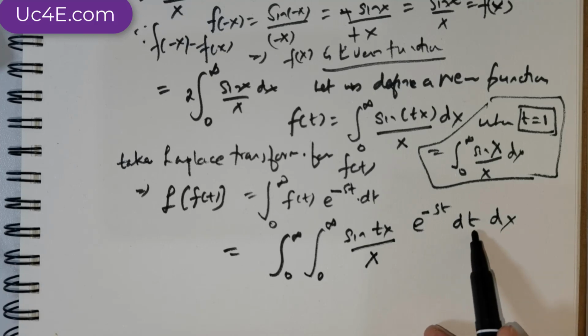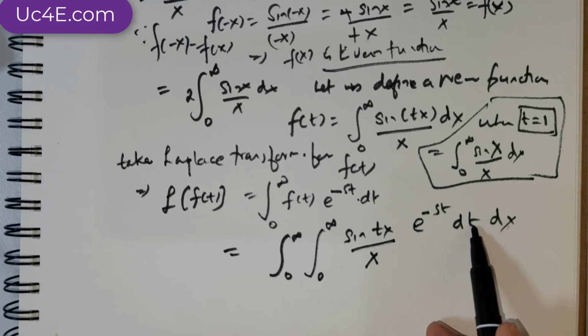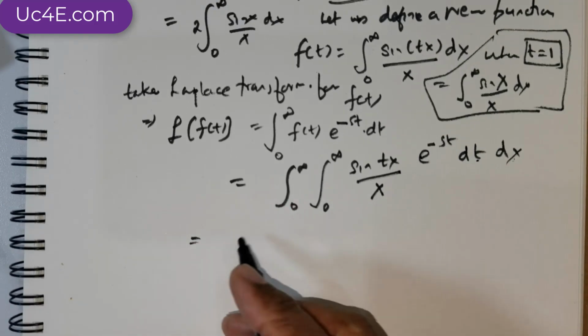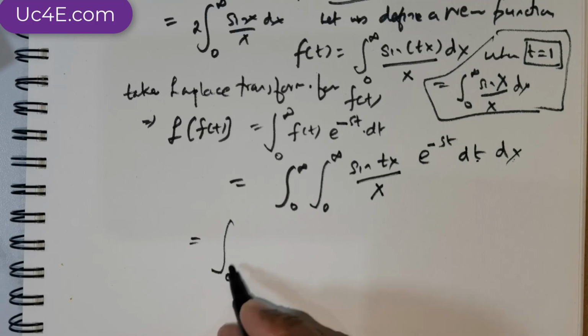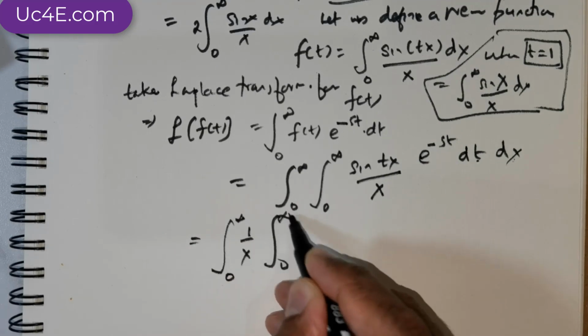Now you have two variables, you have a t here and an x here. So what I wish to do is move this x component out, so let me place 1 over x outside.